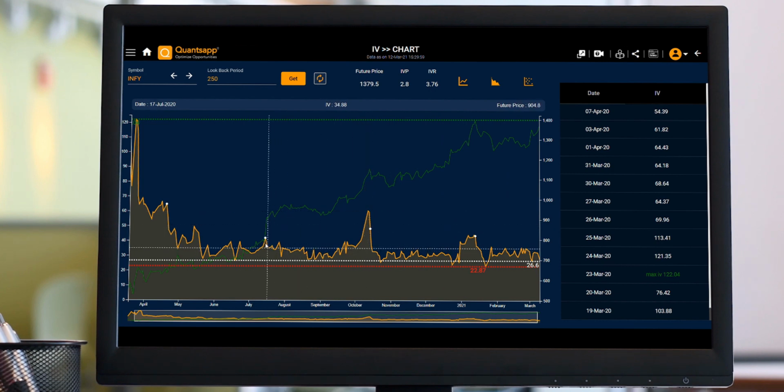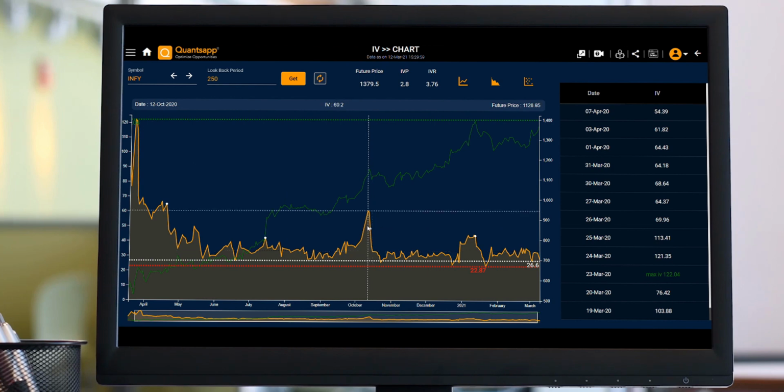I can always take it as a reference for how a script's IV behaves 2 or 3 days before results and how it takes a cool down approach post the results. Ideally in Infosys, with the data of the last 250 days, we have seen that post the results, IVs actually take a cool down approach, at least in Infosys.